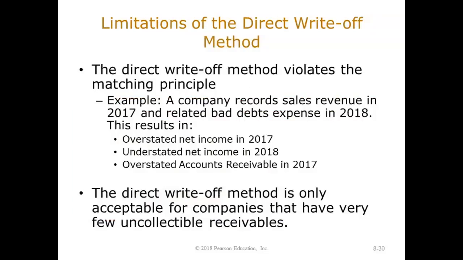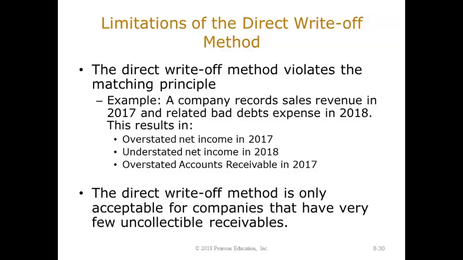So what we're not doing here is matching up our revenue and expense, the matching principle. And again, the direct write-off method is not GAAP approved. GAAP definitely does not like this. It likes more of the allowance method, which I'm going to talk about in a little bit.